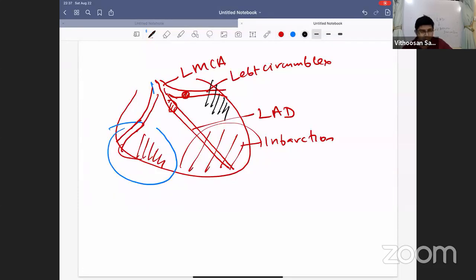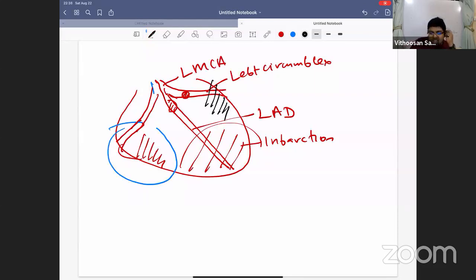So if there is a block here, what will undergo infarction? This area will undergo infarction. To find which part is undergoing infarction, you are looking at the heart from various angles.